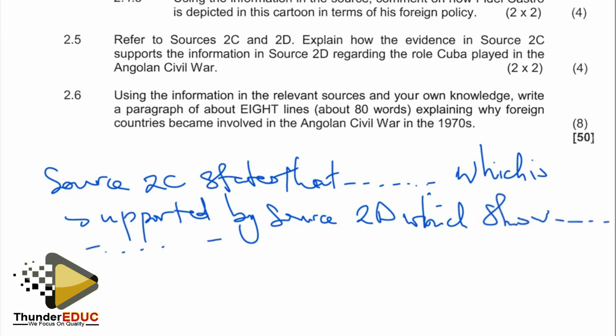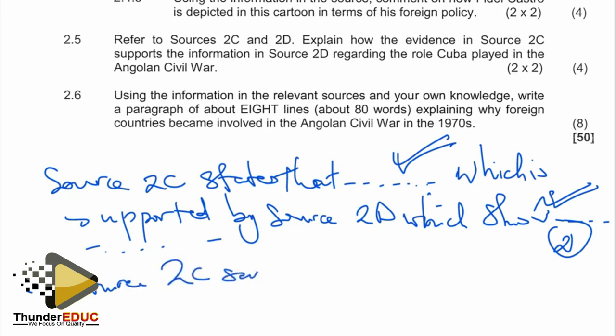Whatever is shown on the cartoon, how does it relate to what is in that source? So you get 2 marks for the support. If you have identified something in source 2C which shows the same as what is shown on the cartoon, that is 2 marks. You go again, you find something else different, find another example. Source 2C says this.